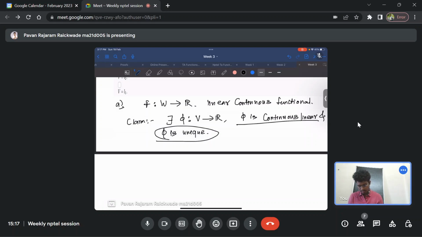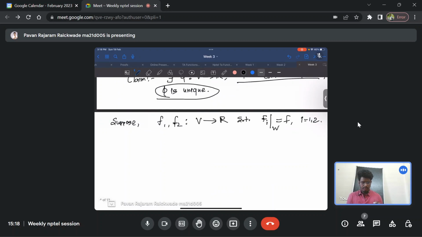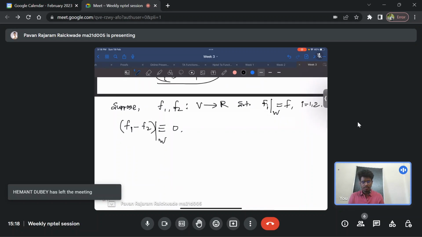Let's suppose there exist two extensions, f1 and f2. Then f1 minus f2 is identically 0 on W, because both are extensions of the same function from W. My claim is that f1 minus f2 should be identically 0 on the whole space since W is a dense subspace.